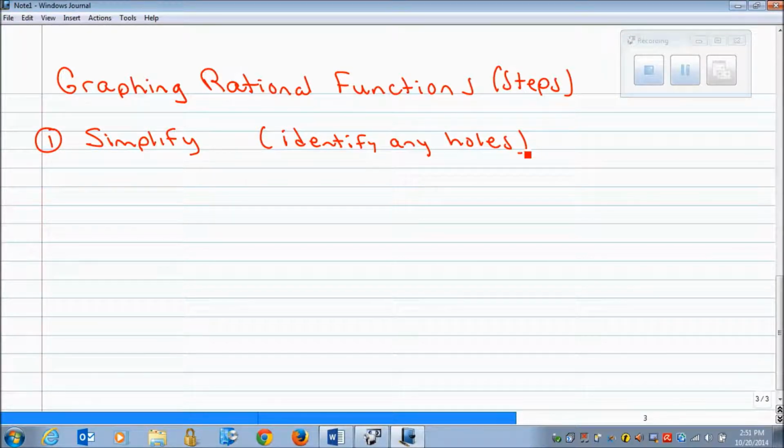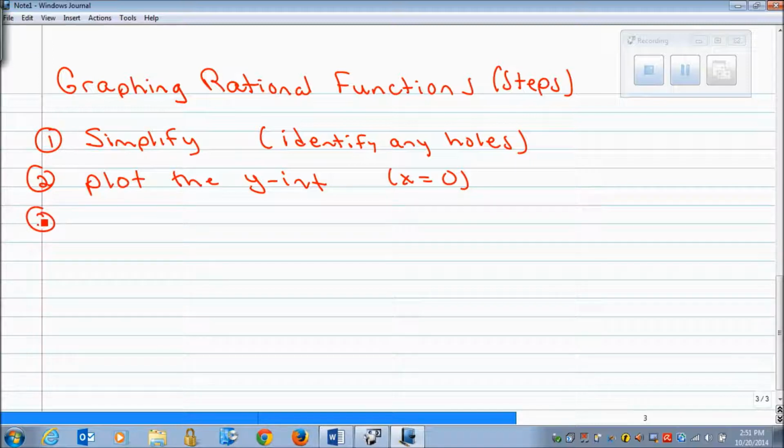The holes occur where you have cancellations between the numerator and the denominator. The second thing we're going to do is plot the y-intercept, which means when x is 0. You could just plug that in.